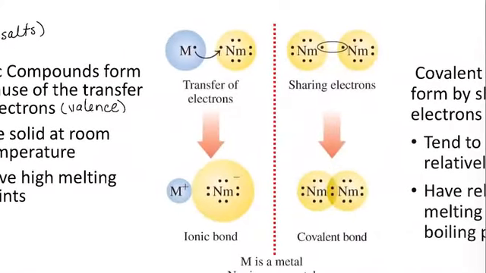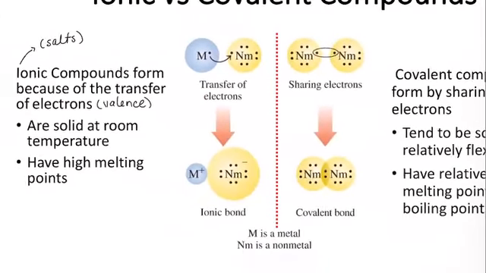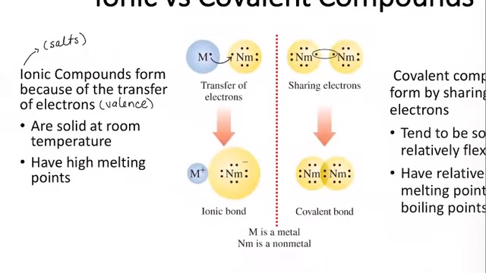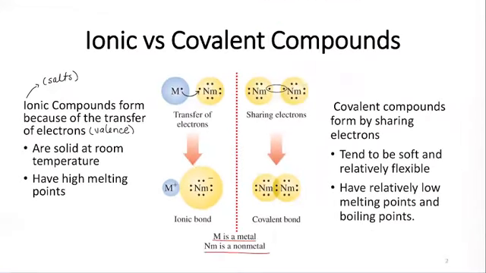So when it comes to the image that we have in the middle of the slide, the M stands for metal. The NM stands for non-metal. So when it comes to an ionic compound, understand that an ionic compound, for the most part, is made out of a metal being paired with a non-metal.